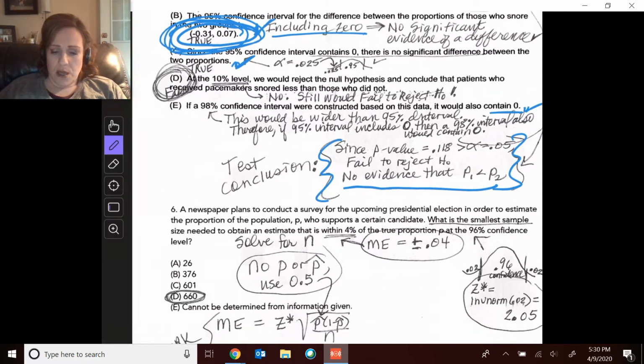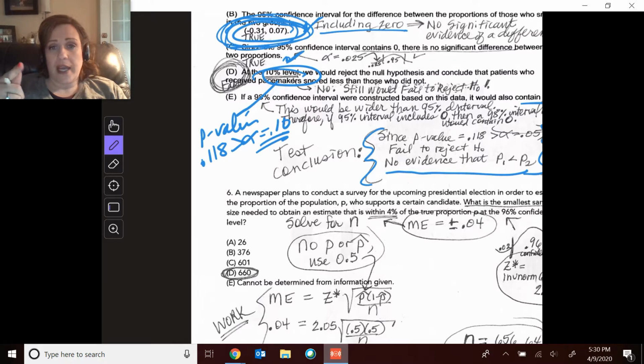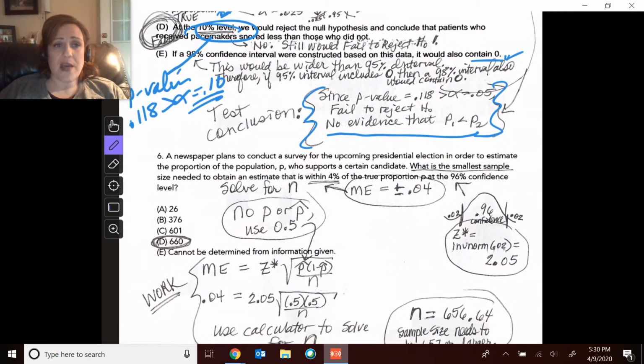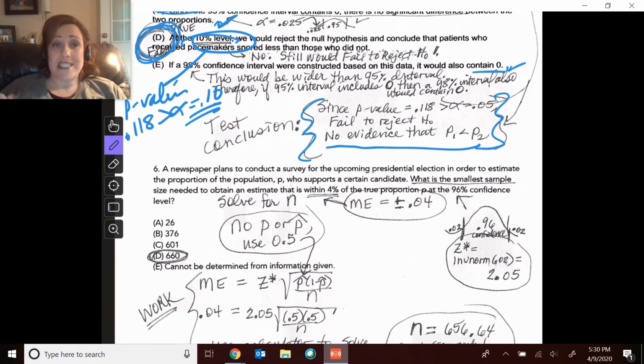Okay, that's alpha. I got a p-value. My p-value was 0.118, and that's still greater than an alpha of 0.10 as well. So I would still fail to reject. All right, so that's a false statement, and that's what they wanted. Therefore, D is the answer.